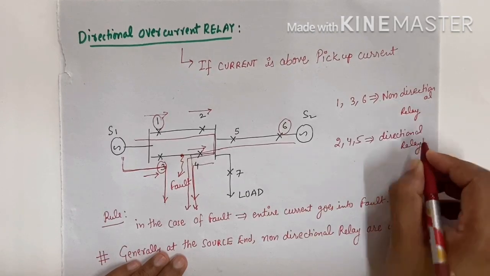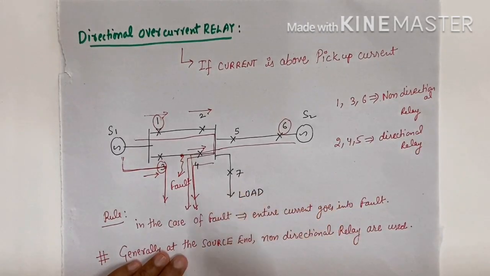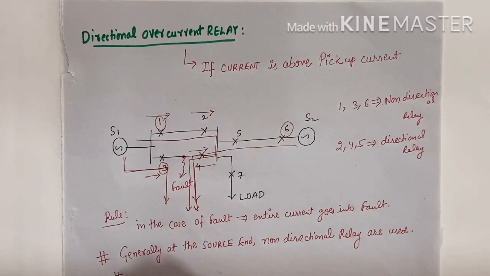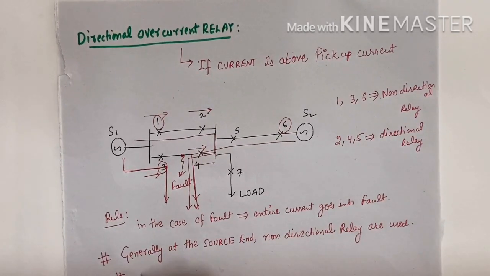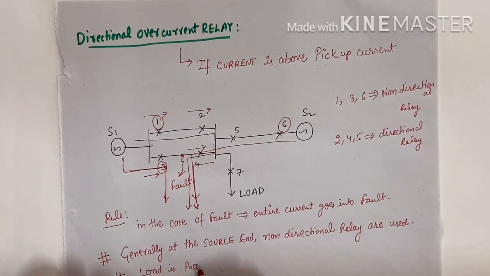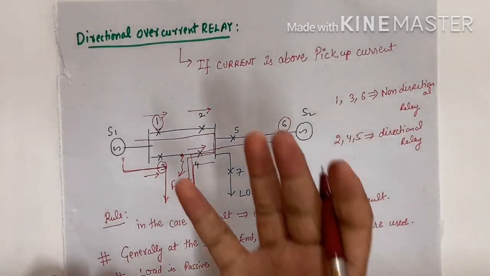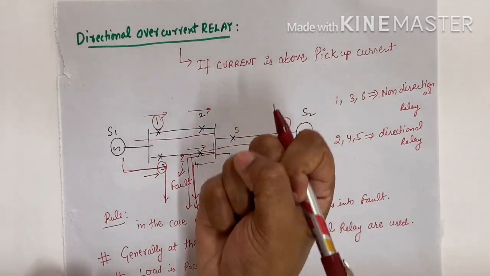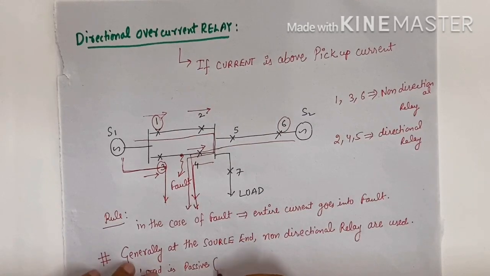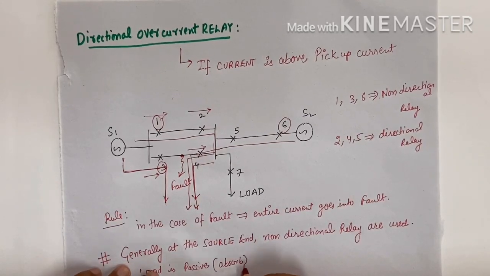Now what is the nature of relay 7? If we want to determine the nature of relay 7, then what happens here is that this relay is attached to the load, so the relay nature is decided by the load only. So you have to remember one more thing here: if the load is passive, it means the load is absorbing the power.